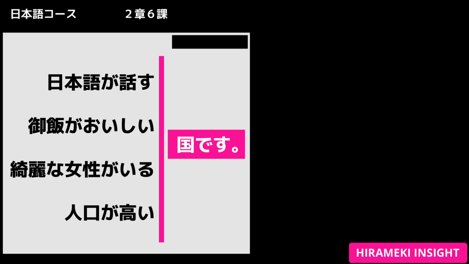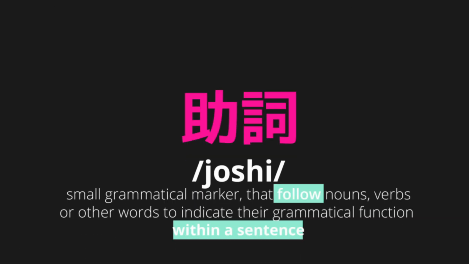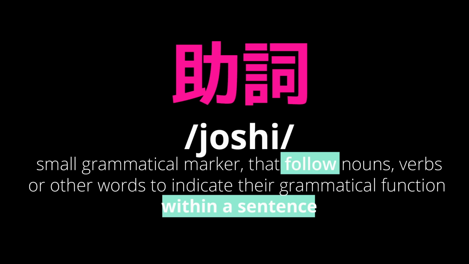Another thing would be gohan ga oishii kuni desu, a country in which the rice is tasty. Or 素敵な女性がいる国です. Well, a country in which good-looking women are. So let's look at this definition again with the background knowledge I just gave you about the particles wa and ga as an example. So joshi are small grammatical markers, as we had before as wa and ga, that follow nouns, verbs, or other words.